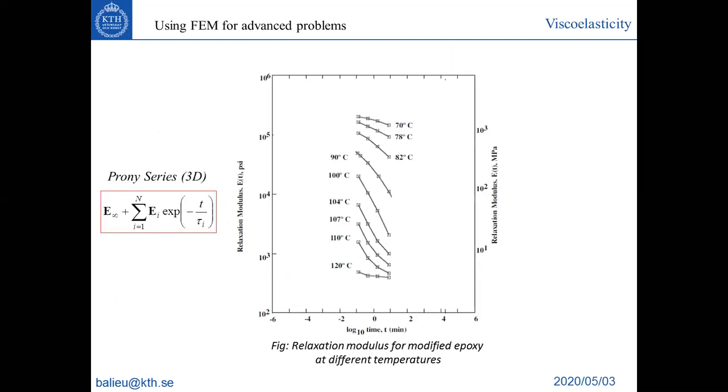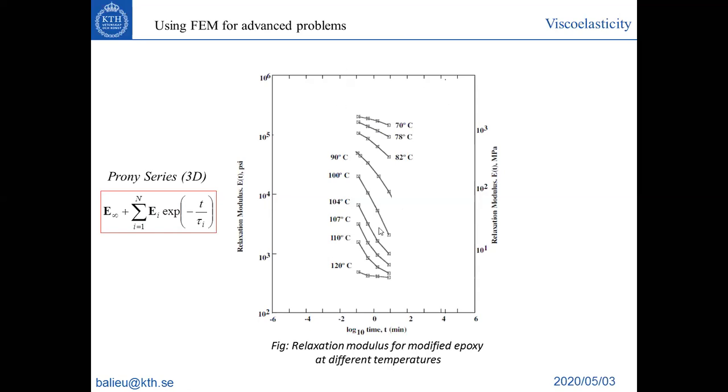If you remember, last week I discussed the relaxation test. When you apply a displacement and maintain it constant over time, you have a relaxation of the stress in your structure.